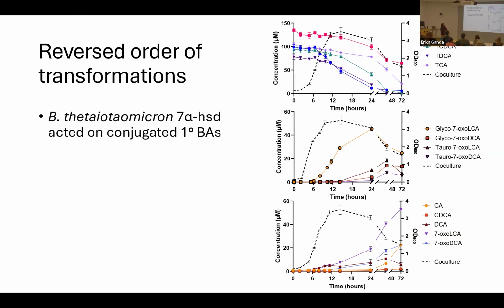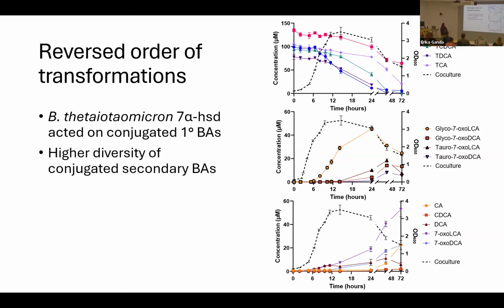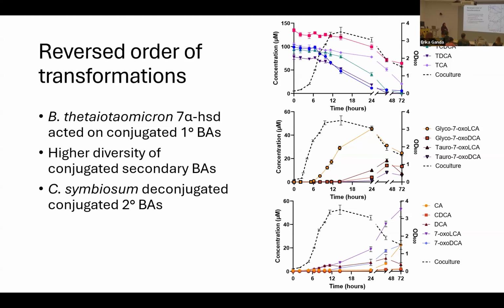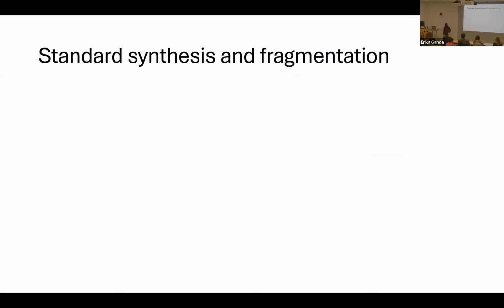And so the B theta HSD was acting on primary bile acids, in this case, producing actually more diverse conjugated secondary bile acids than it did on its own. So really interested in how the bacterial interaction there is changing the activity. And that following this conjugated secondary bile acid production, there was deconjugation occurring.